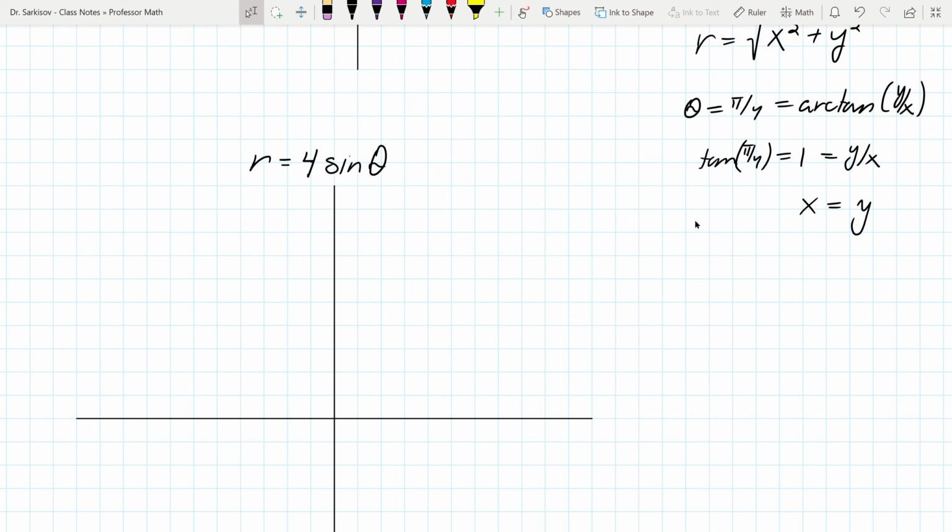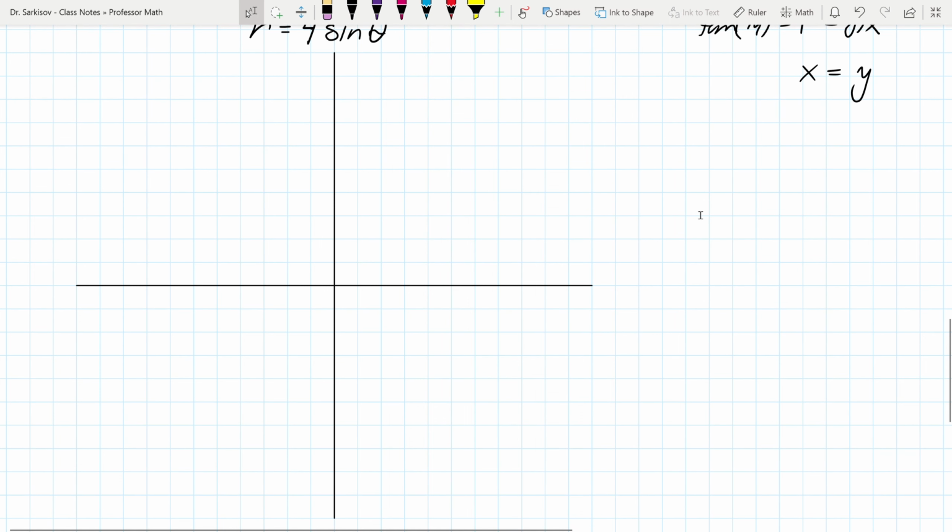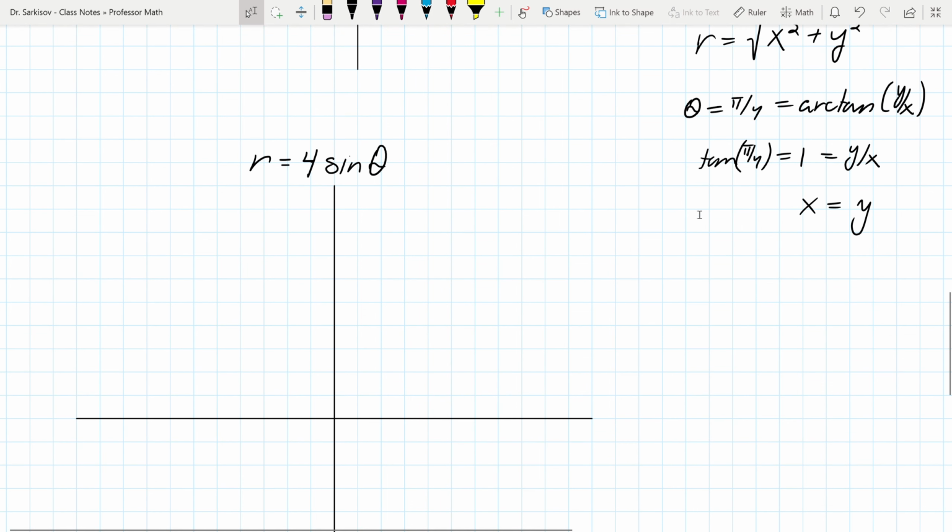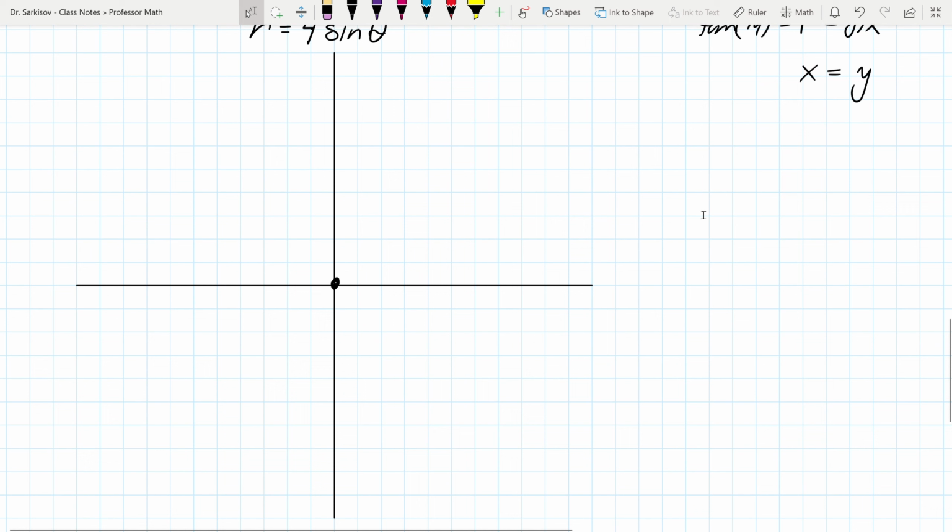So let's see. We're going to think about, okay, if theta usually starts at 0, what's sine of 0? It's 0. So 4 sine 0, right? If you're going in this direction, 0, you're actually not going anywhere. You're going to be at r equals 0, right? So what you can do is make a little diagram of some values. Here's theta, here's r.